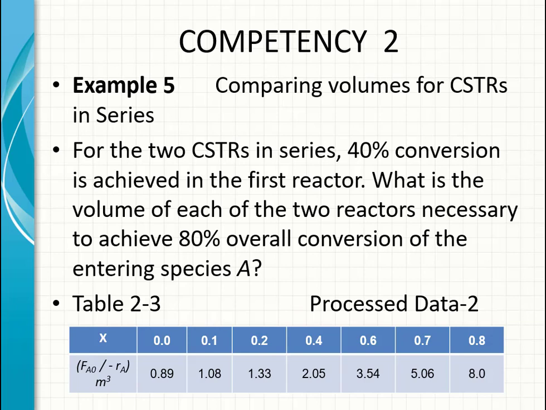And we are going to use again table 2.3. Remember that we have two rows. In the first row, the conversion X, and in the second row, FA0 divided by minus RA, because remember that is all that we need to construct the Levenspiel plot, which will give us the volume of the reactors.